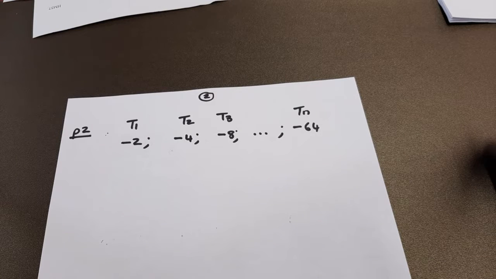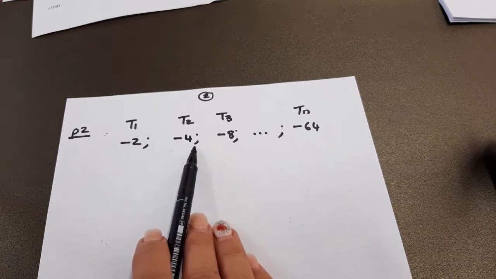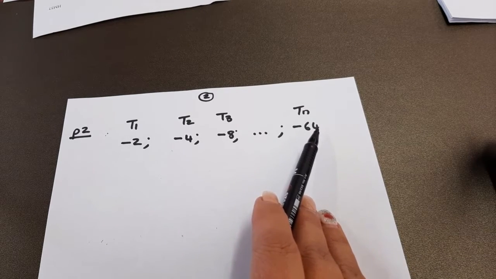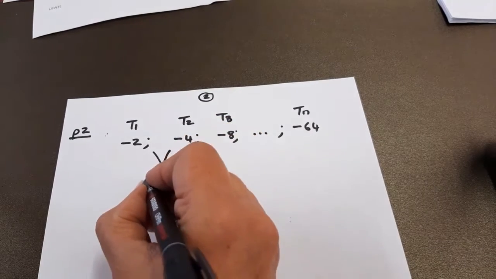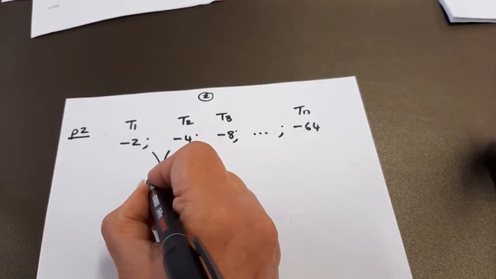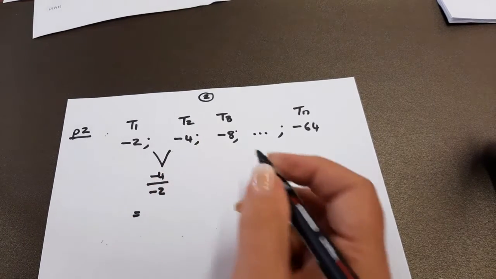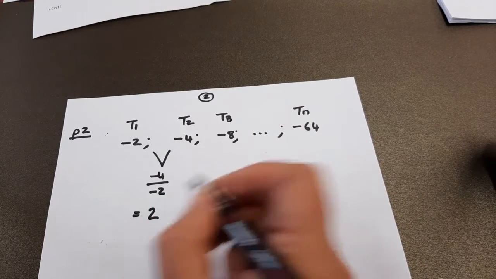Let's look at our first example of the geometric sequence on page 2. They say we have a sequence of minus 2, minus 4, minus 8 up until minus 64. Now let us quickly get the ratio. So it's term 2 divided by term 1, and minus 4 divided by minus 2 is 2.